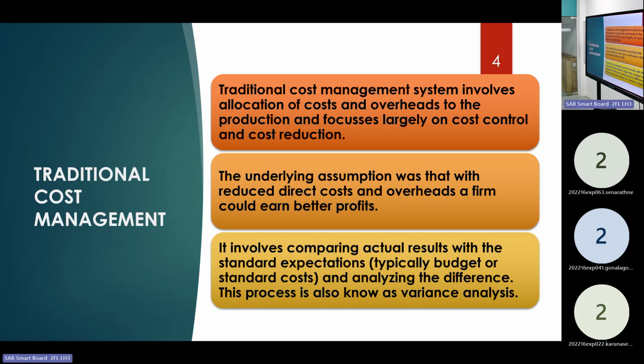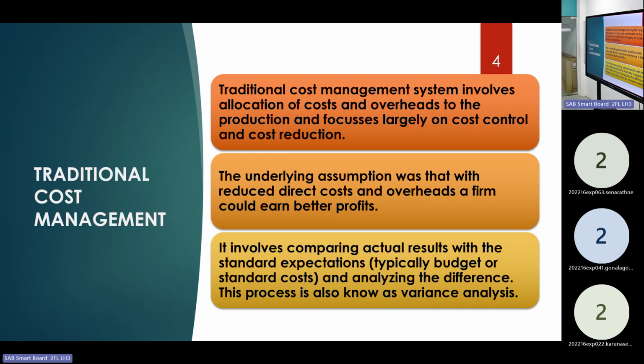It involves comparing actual with the budgeted and standard costing, and analyzing the differences. That process is known as variance analysis. Some of the topics we are covering in this course unit also relate to traditional cost management, like cost absorption.